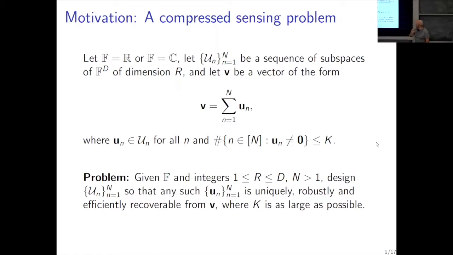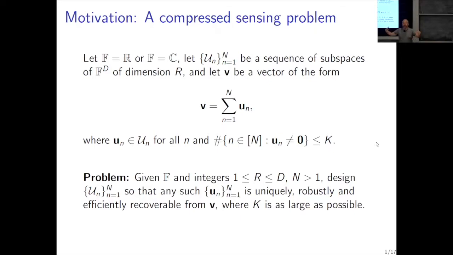Well, in compressed sensing, it's a slightly different problem. I'm not going to pick a vector from all of the subspaces, or more precisely, I'm not going to pick a non-zero vector from each of them. So you have many subspaces of this one Euclidean space. I am going to pick a non-zero vector from a few of those. I'm not going to tell you which few I'm going to pick from.